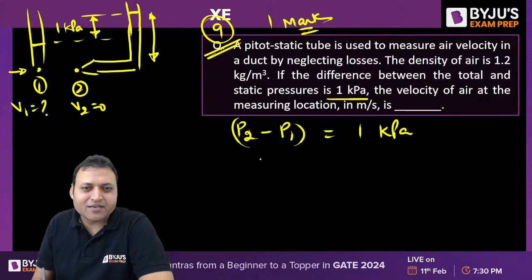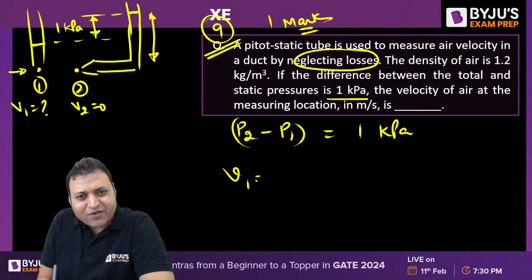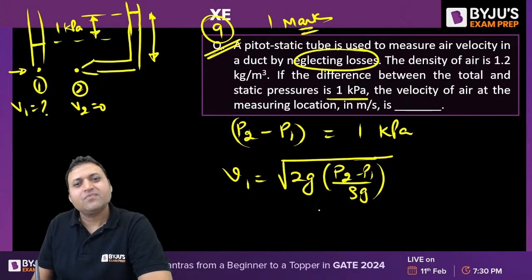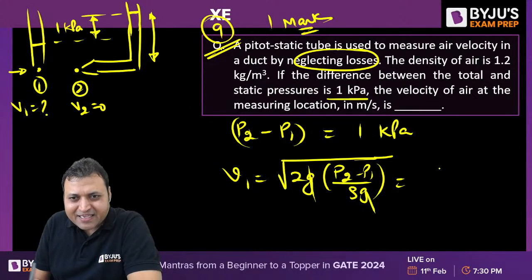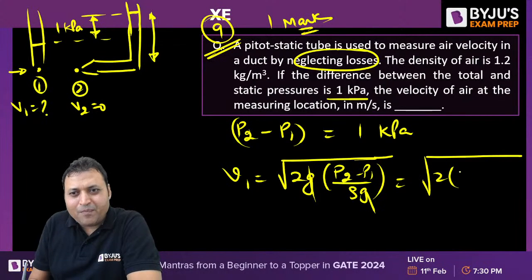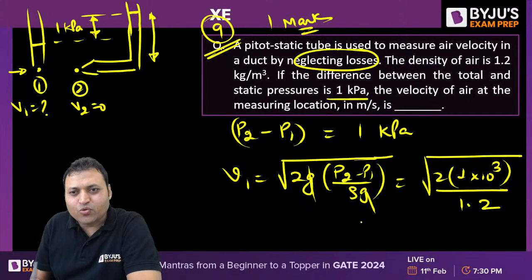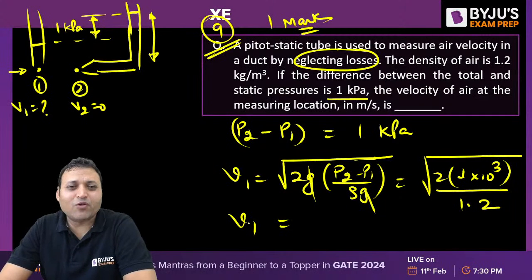The fluid is air. Because losses are neglected, we can say V1 is equal to under root 2g times (P2 minus P1) by rho g, isn't it? That is under root 2gh, so g and g get cancelled out. So it is under root of 2 times P2 minus P1, which is 1 into 10 to the power 3, 1 kilopascal, upon rho, that is 1.2. Please do the calculation and let me know the answer.